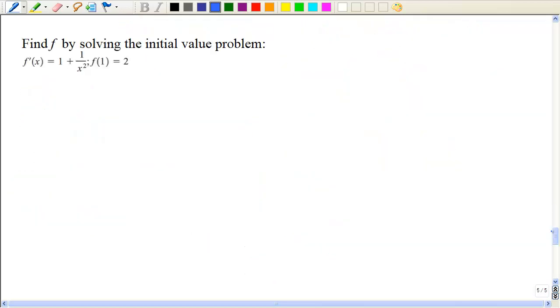Let's do that again. Again, we need to find f by taking the antiderivative. So I want to take the integral of 1 plus 1 over x squared with respect to x. So I'm going to rewrite that as 1 plus 1 dx, and I probably forgot that in the last one. That just helps me remember that it should be there.